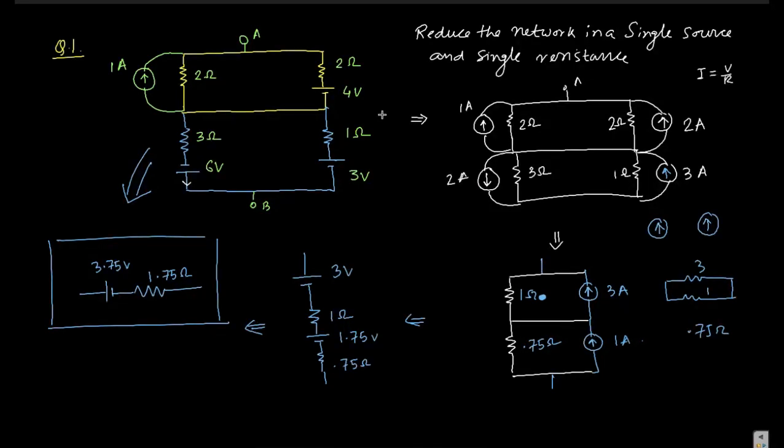So this technique is called source transformation, by which we can easily convert the circuit into a small circuit having one source and one resistance. Then we can easily calculate the current flowing through the circuit. So the current is V by R is equal to 3.75 by 1.75. It becomes 1 point something, 2 point something, I think.